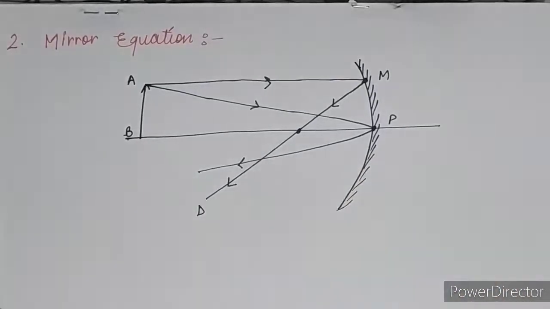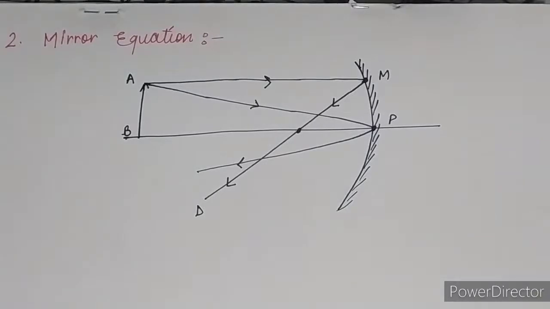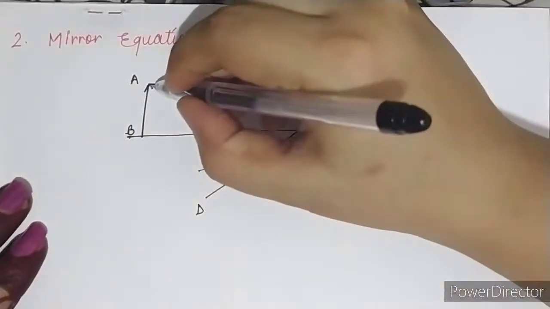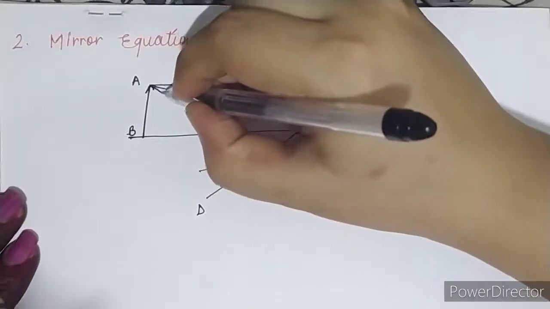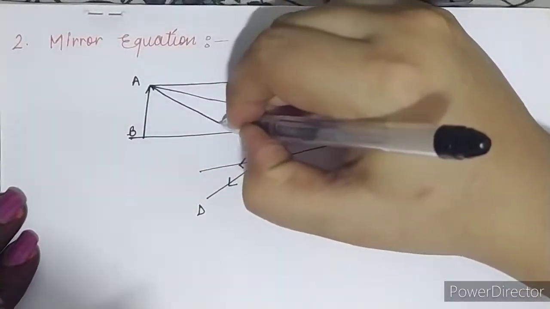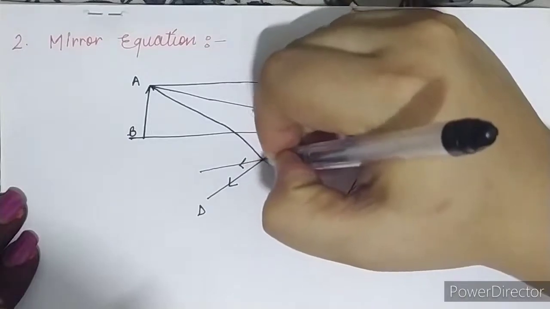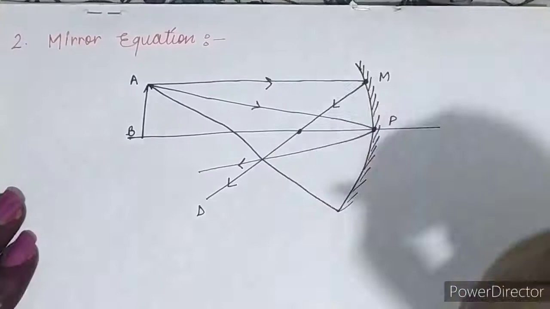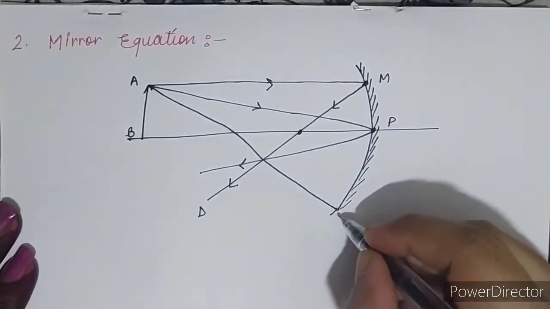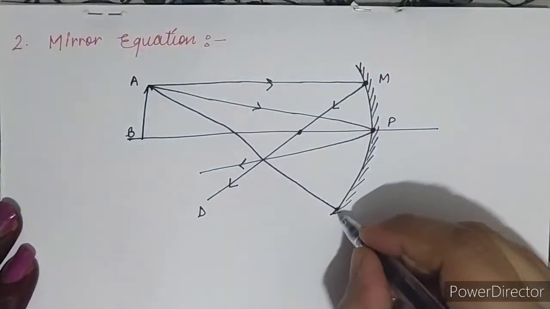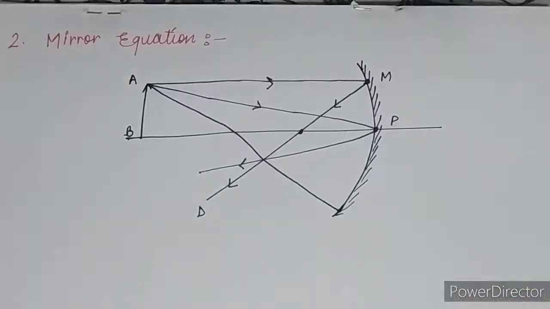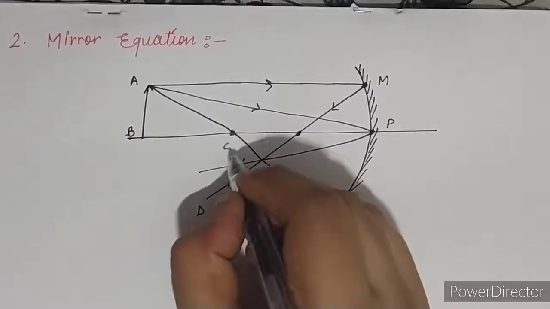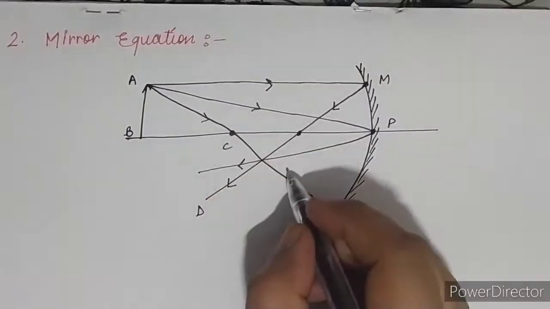And if the light ray is passing through the center of curvature, then again, with the help of this scale, when you draw, you will get the correct form of it. Clear?